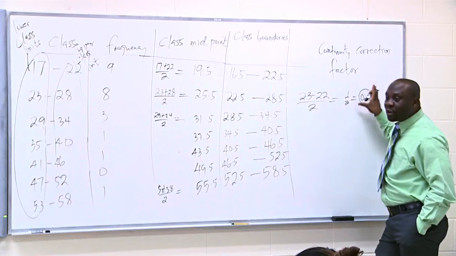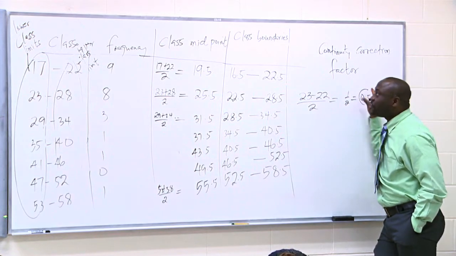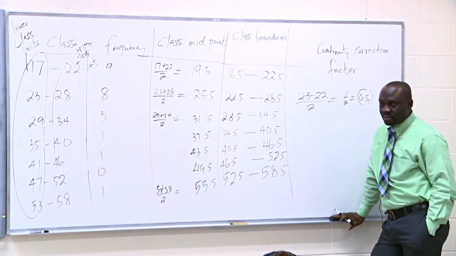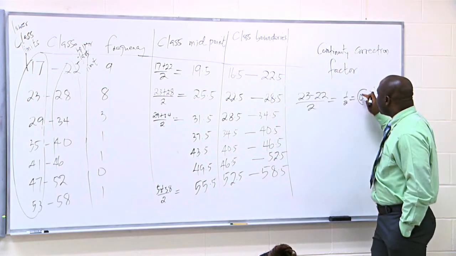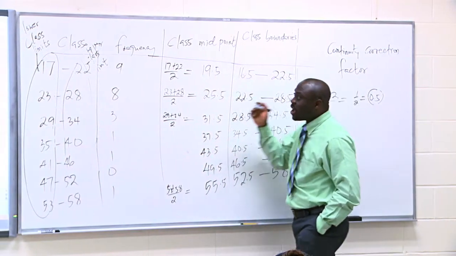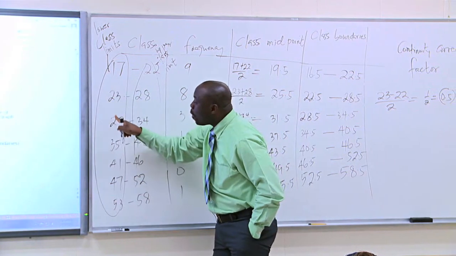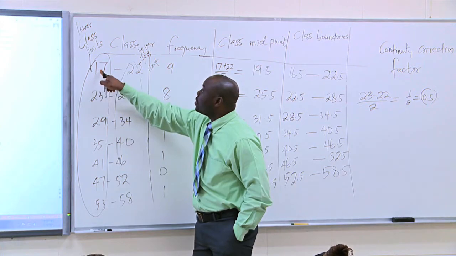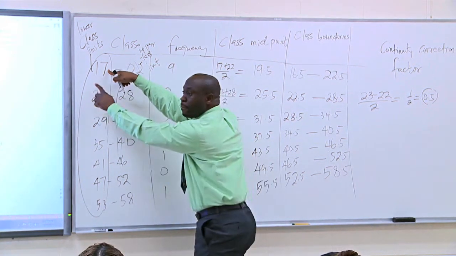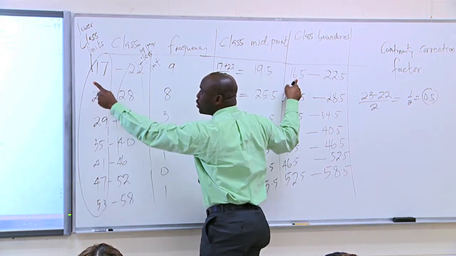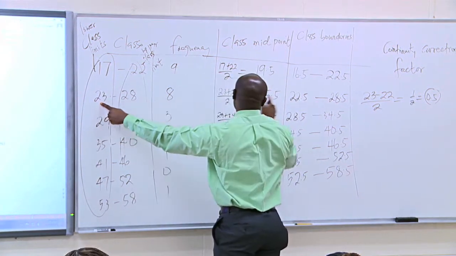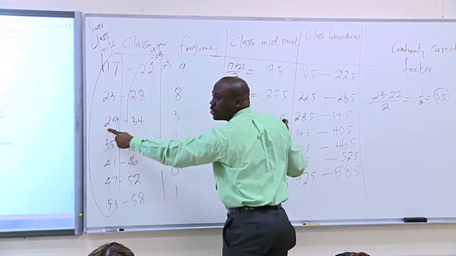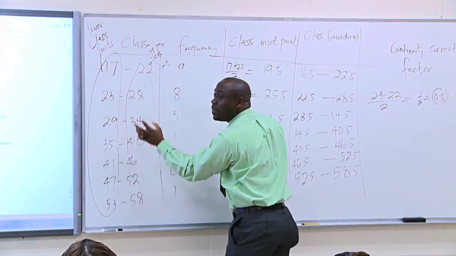Great. Now we're going to use this continuity correction factor to find the class boundaries. How do we do that? You deduct this one number, subtracting from all the lower limits. You know these numbers are the lower limits. So 17 minus 0.5. 23 minus 0.5. That's all I did. But then to the upper limits, I added.